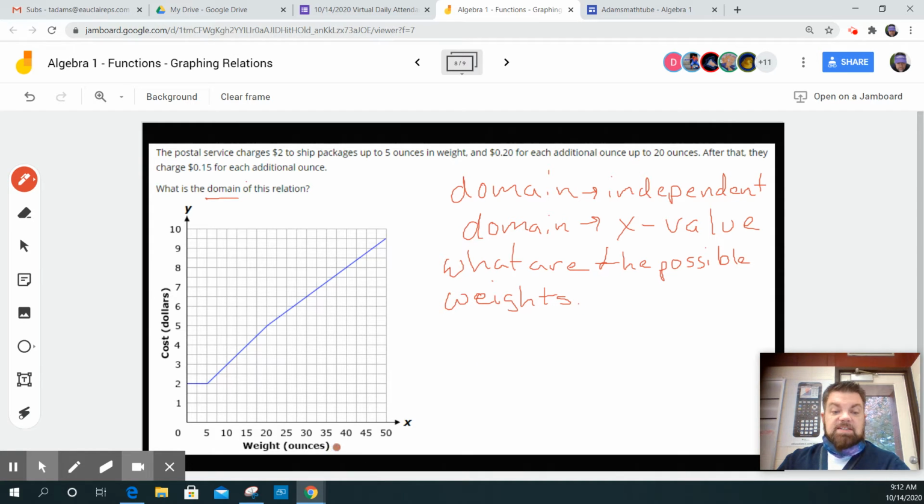And then notice that it says it in ounces, right? So when we say what are the possible weights? Well, I mean, you could have something weigh less than an ounce. Could you have something weigh 0 ounces?